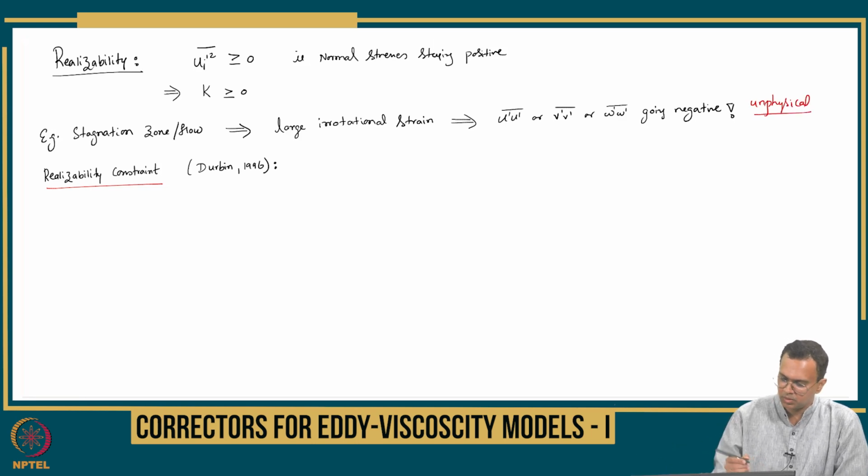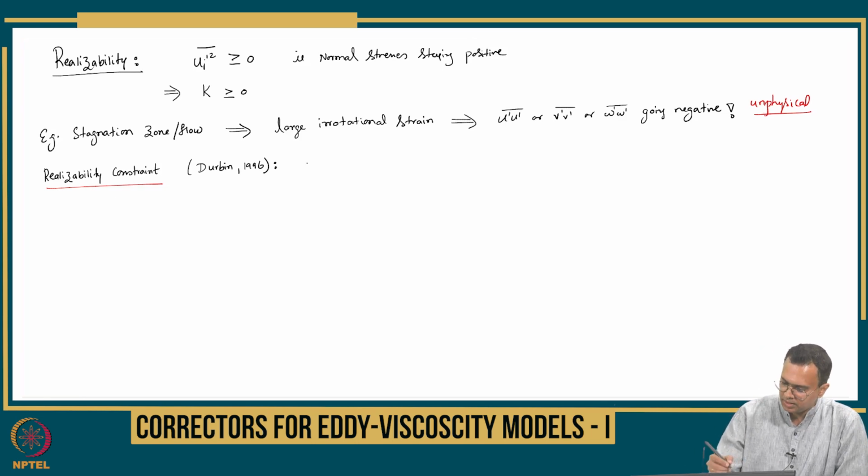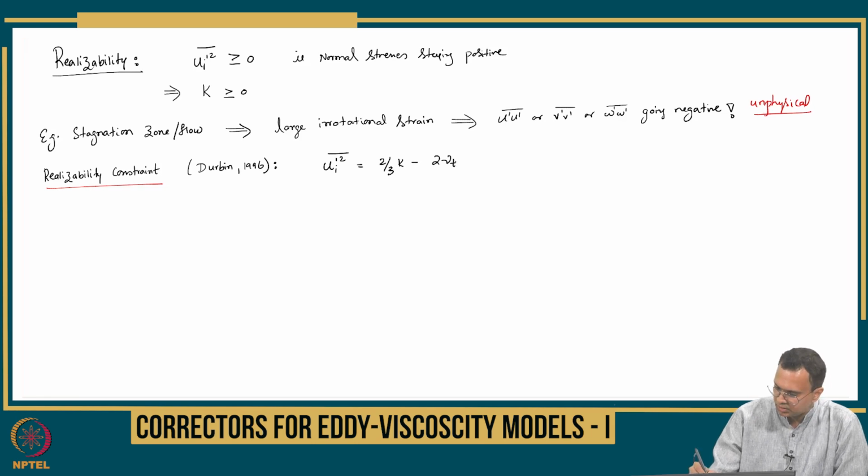So to do away with it, you need to have a solution for this. What he does is he takes your original definition from Boussinesq, that is the stress part here, ui prime uj prime average. This will be 2/3 k minus 2 nu t.